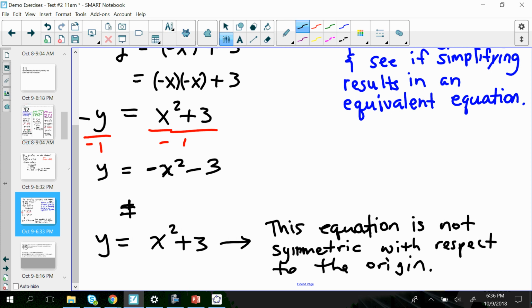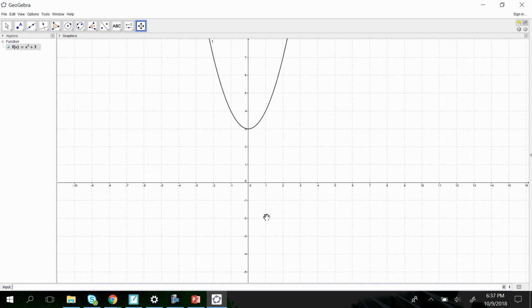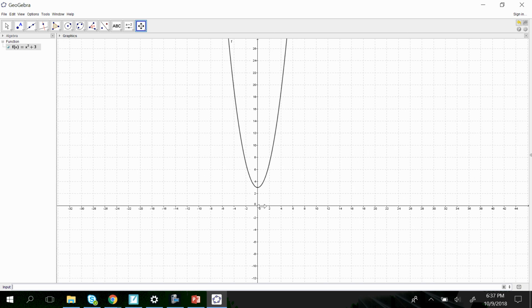And let's look at the graph of this function as well, for f of x equals x squared plus 3. Okay, so you can see here that it does have y-axis symmetry. It does not have origin symmetry.